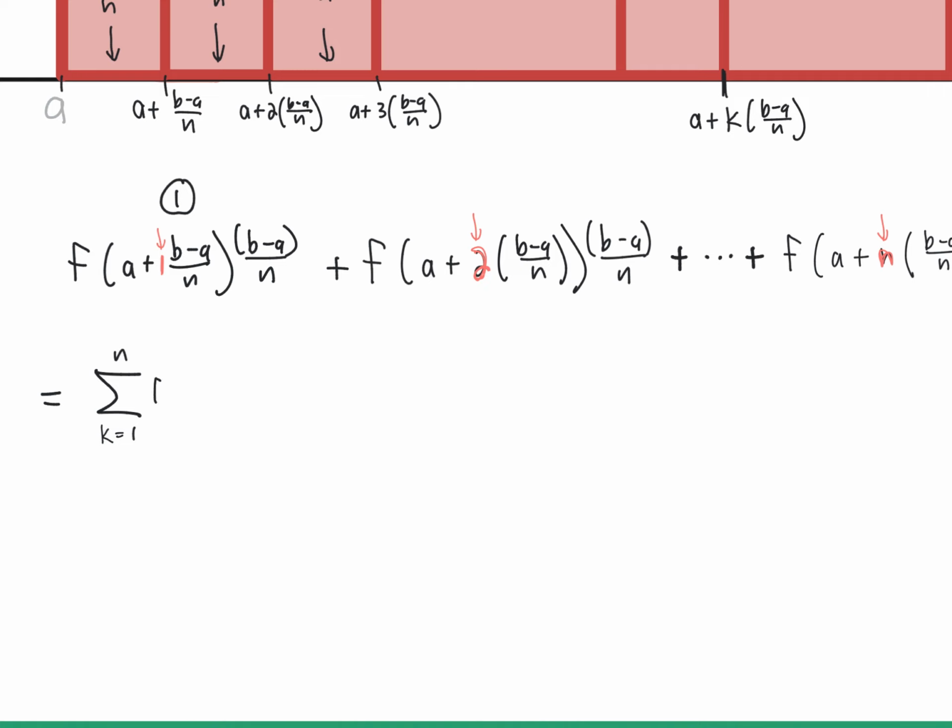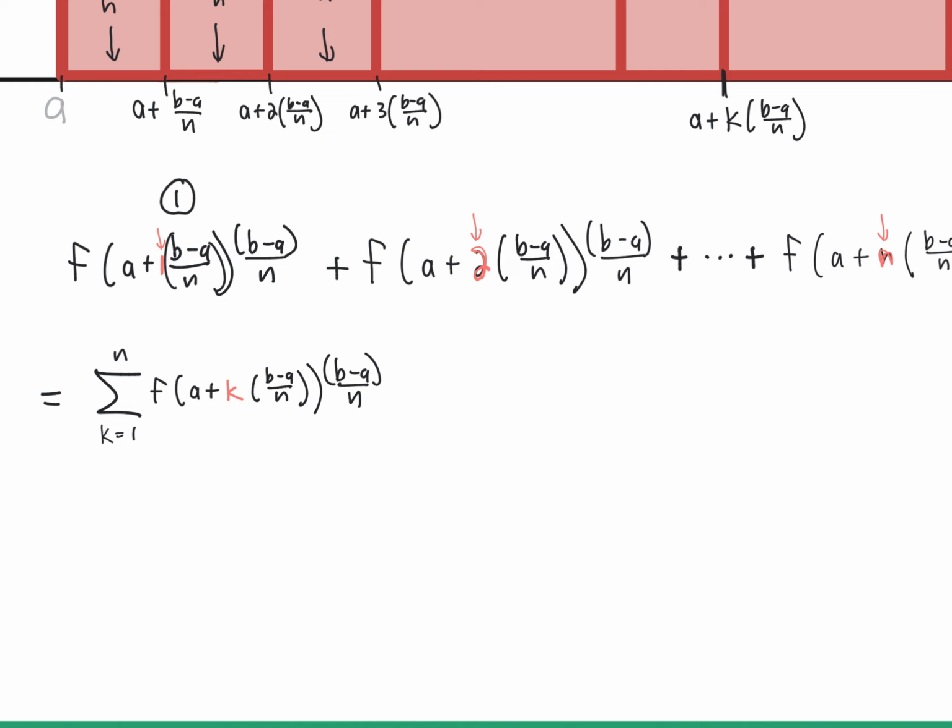Then we'll write our expression f(a + k(b - a)/n), and then (b - a)/n on the outside.